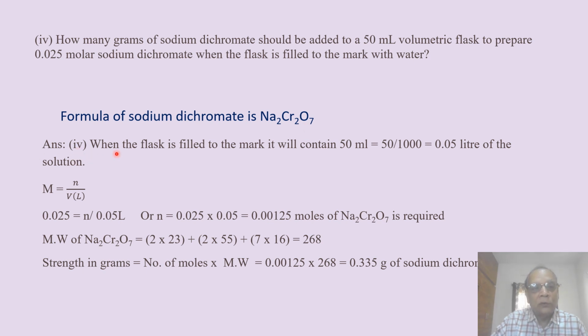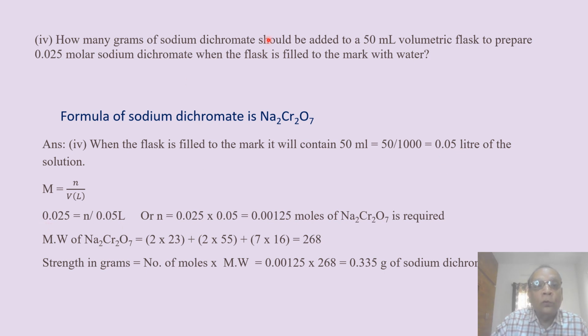So the answer is, when the flask is filled to the mark, it will contain 50 ml of solution, that is 50 by 1000, or 0.05 liter of the solution. Now we know that molarity is n by V and V is measured in liters, so we have to convert this into liters here.